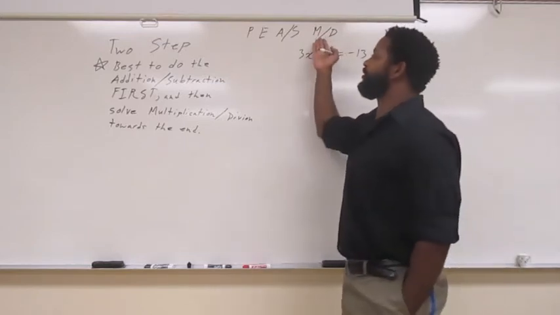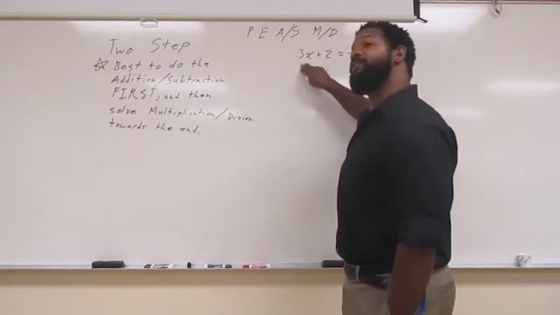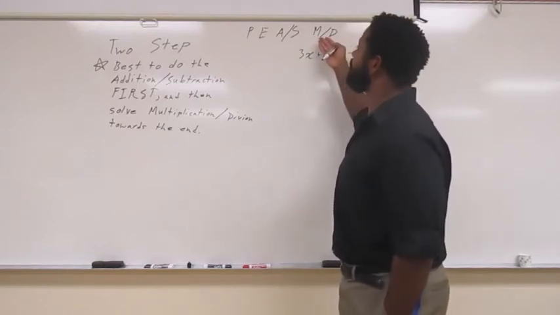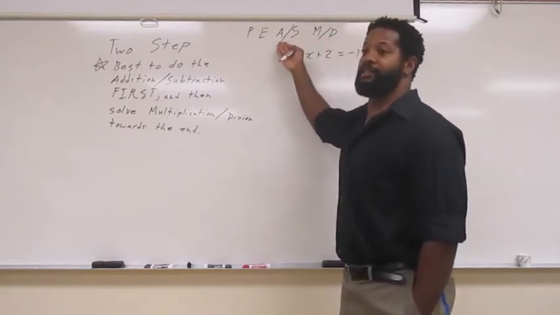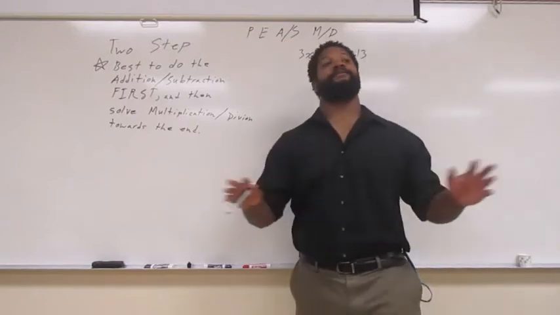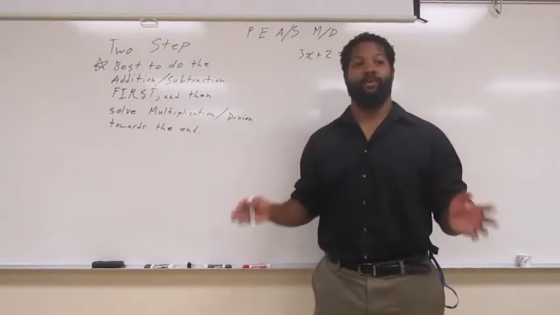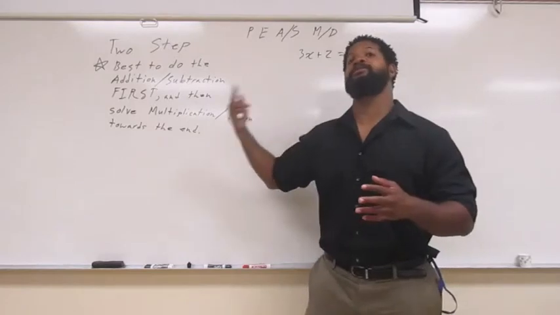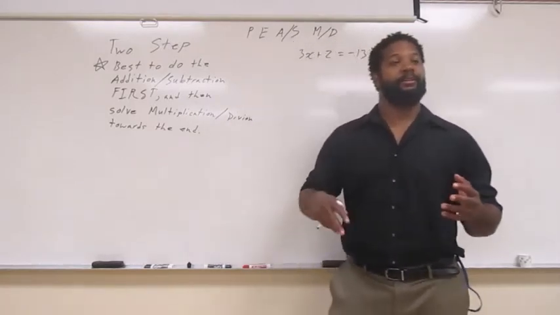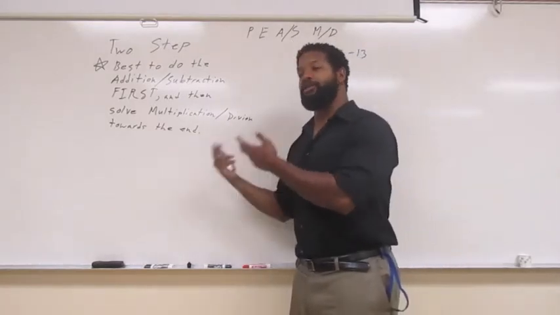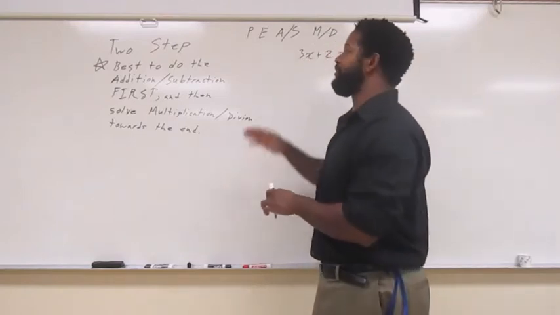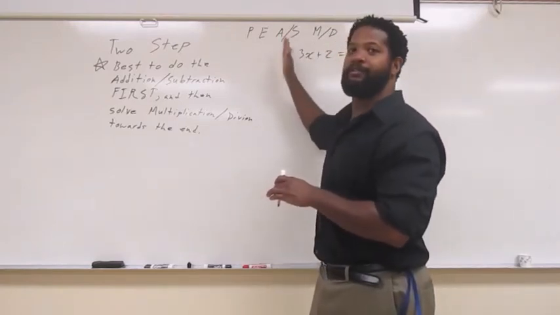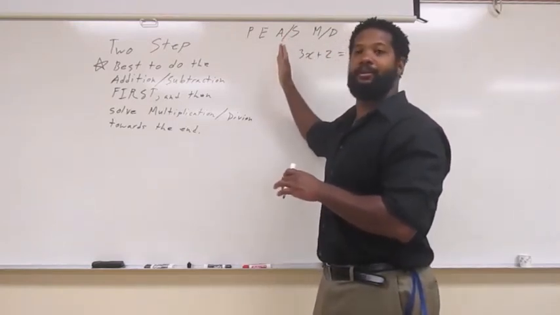But multiplication and division, when solving an equation, come after addition and subtraction. I'm not trying to confuse y'all, but this is the best way to solve a two-step equation and going into solving multi-step equations, okay? Do your addition and subtraction first, okay?